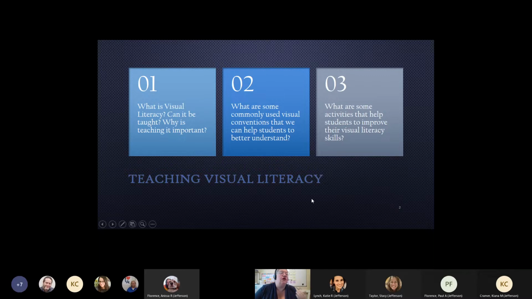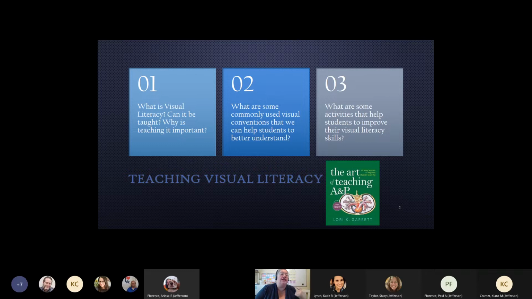your students. So, a lot of where this came from, I first got a booklet from the Pearson publisher written by Lori Garrett called The Art of Teaching A&P. And in it, she talks about activities and ways that we can start to be explicit with students about how to read the artwork, how to read the figures in our course.